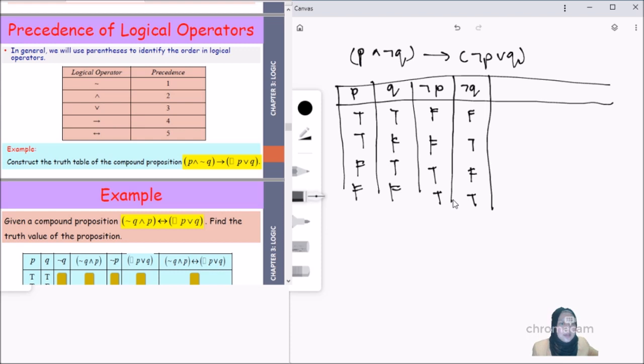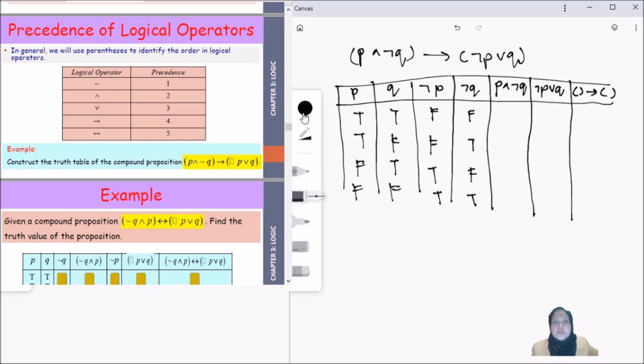So next is and, or. Okay, so we do whichever comes first, P and not Q. Next we do for not P or Q, and then we do the implication here.